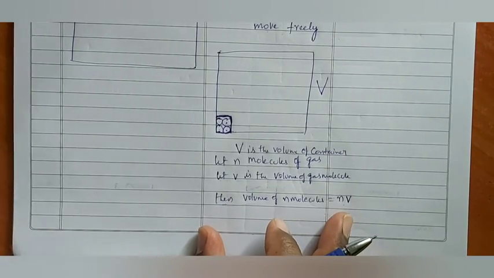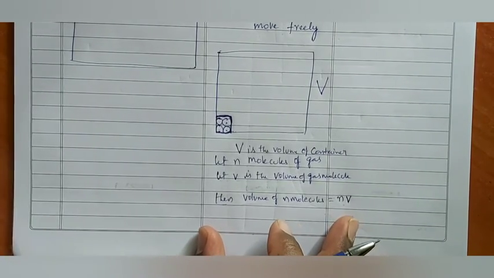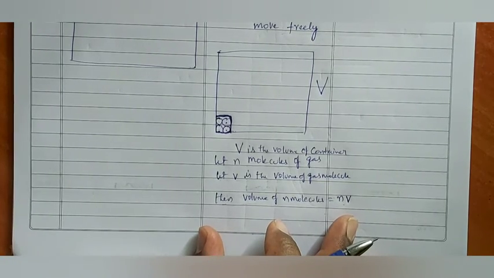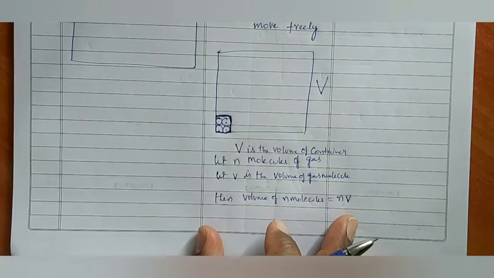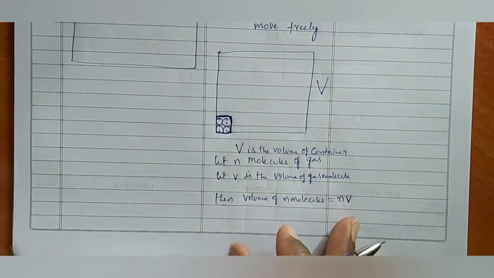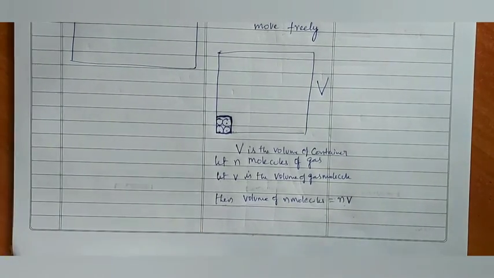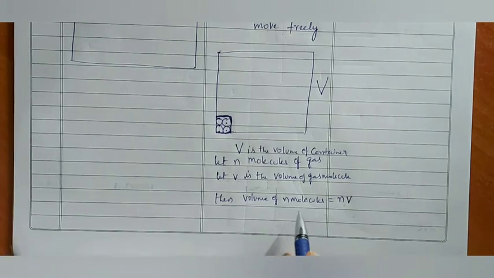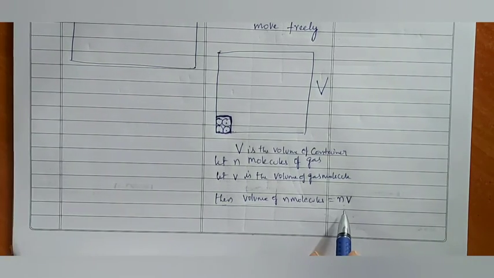So the volume of n molecules is equal to NV. Is it correct, ma?